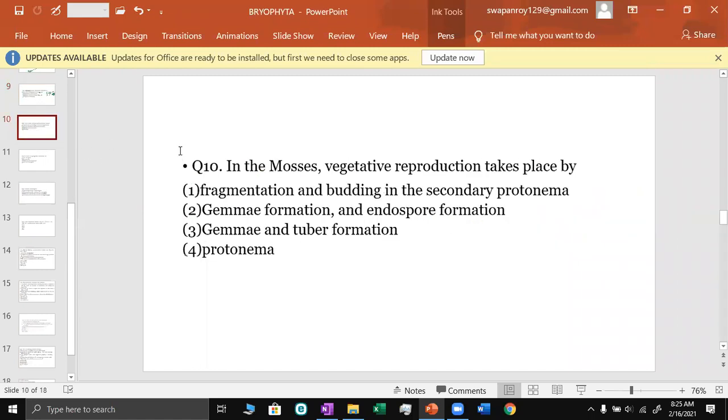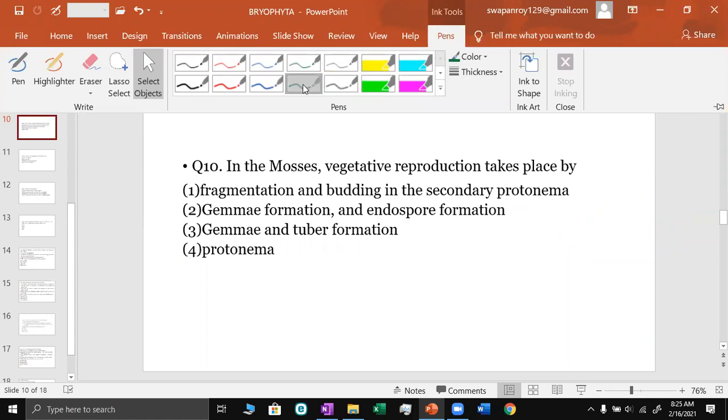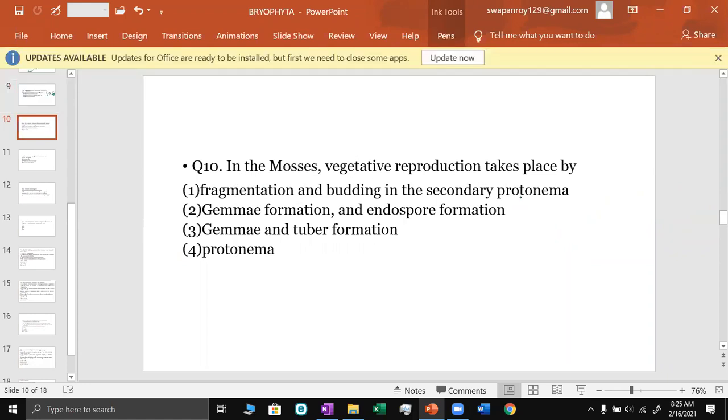Next question. In mosses, vegetative reproduction, oh, that was a liverwort. Now in case of moss, vegetative reproduction takes place by fragmentation and budding in the secondary protonema, gemma formation and endospore formation, gemma and tuber formation, protonema.